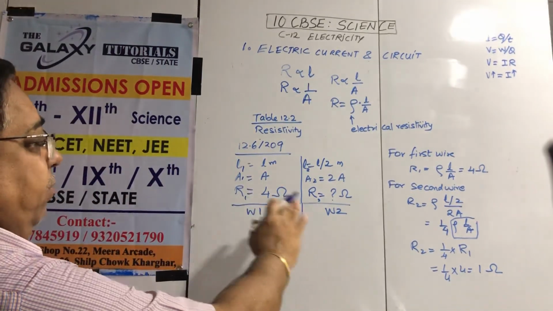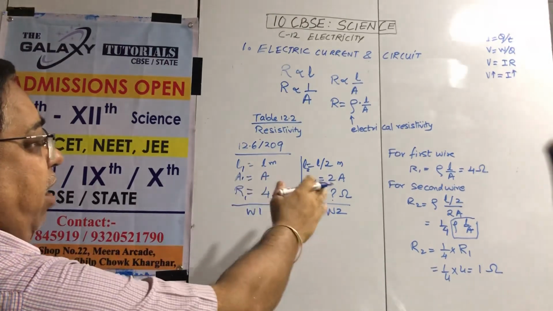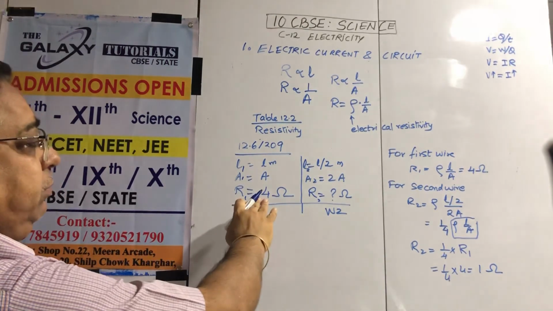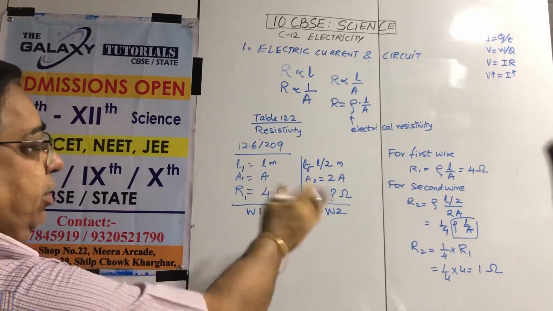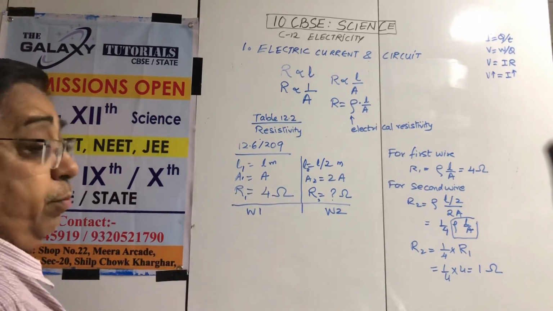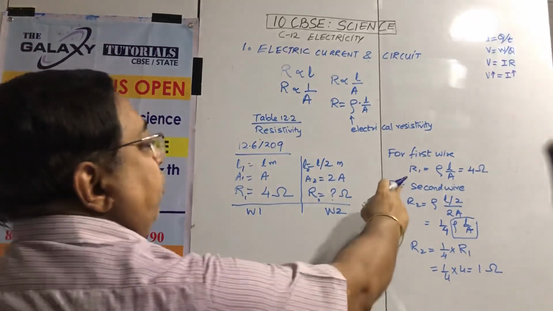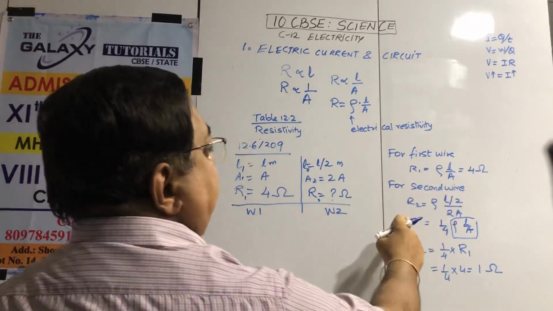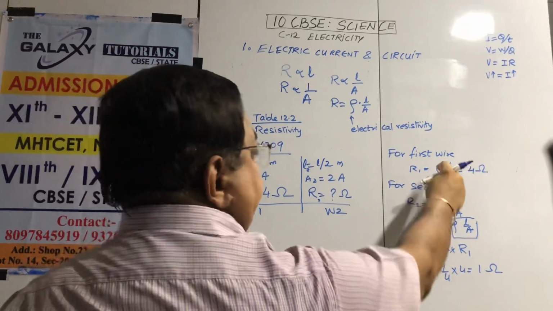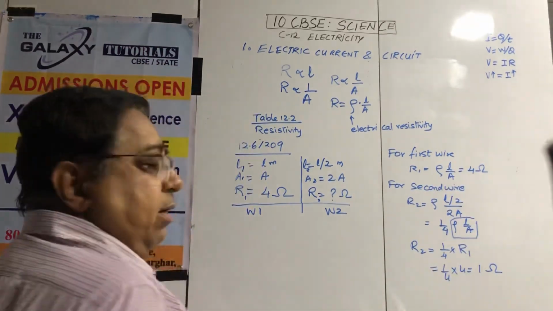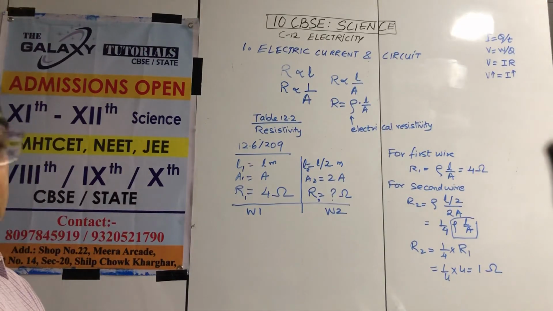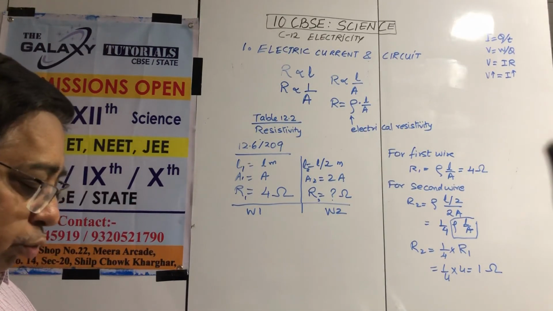Wire 1, 2: length halved, area doubled. Material and resistivity are the same, but resistance won't be the same. First we use the formula, second we substitute, and we will get this. So numerical less, analytical more. That is how we are supposed to solve.